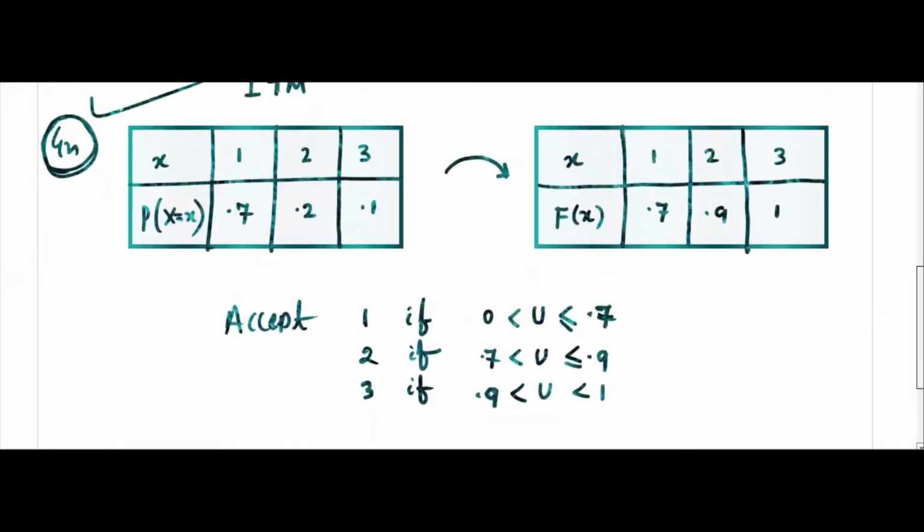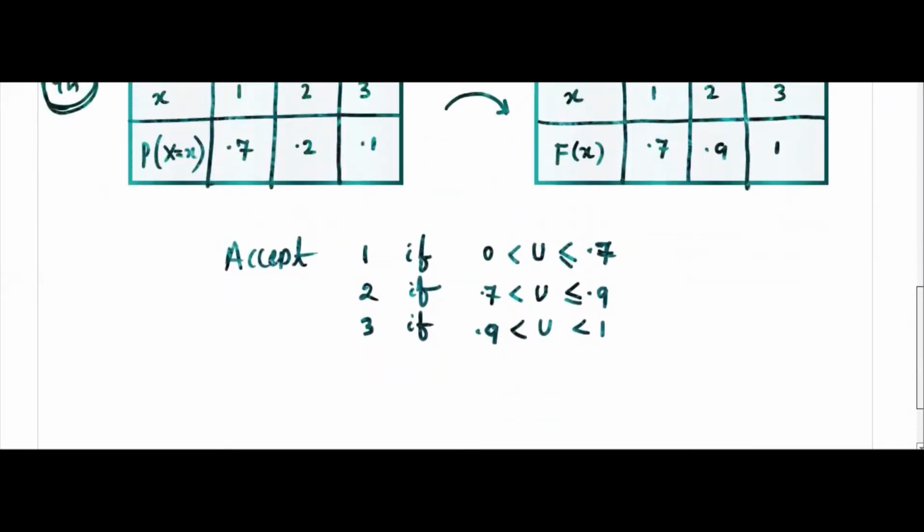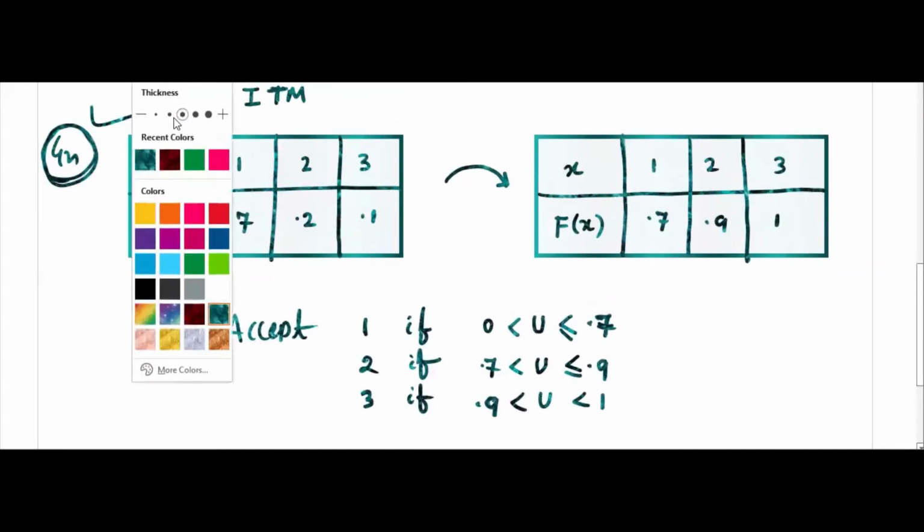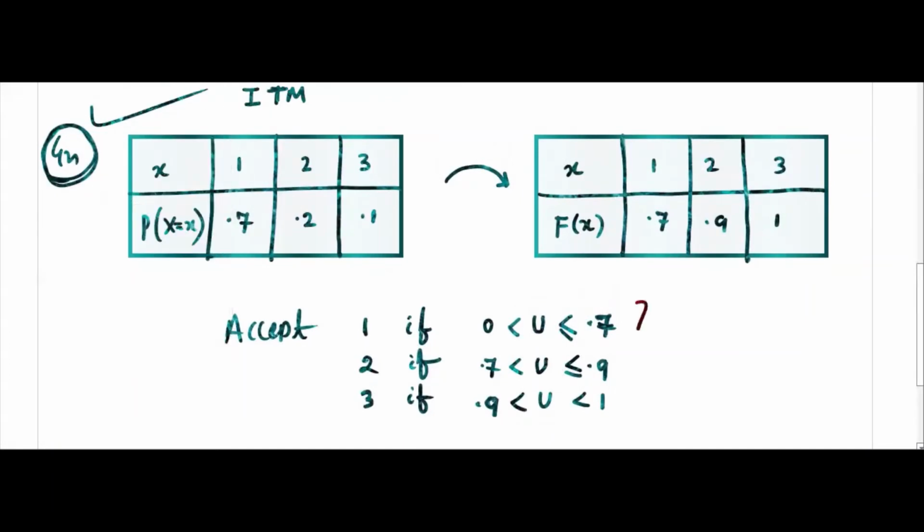So now you tell me the u numbers and I will see this. I'm giving a very high interval for 1.